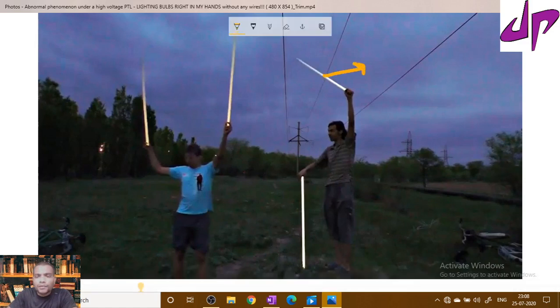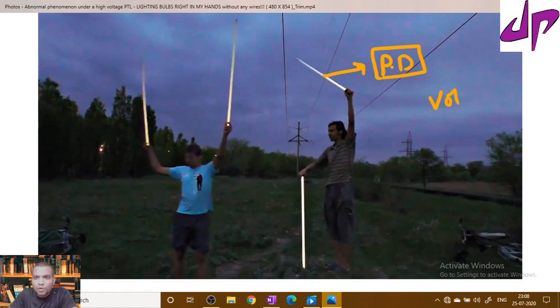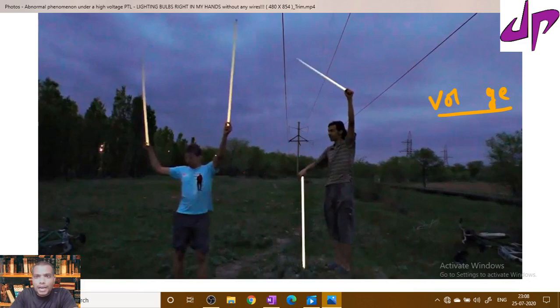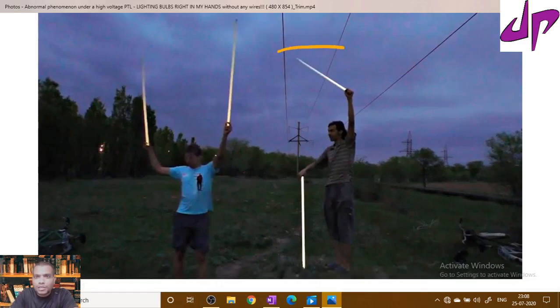We require potential difference, or in ordinary language we say voltage. The units of potential difference are nothing but volts. So where is the source? The source is these high voltage lines. Here you can see they stood under a high voltage line, high voltage supply.